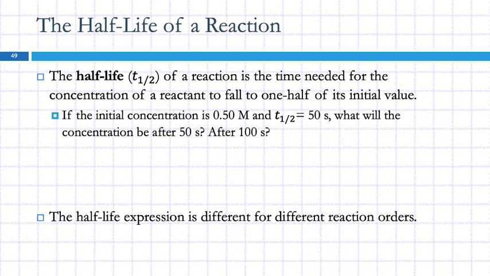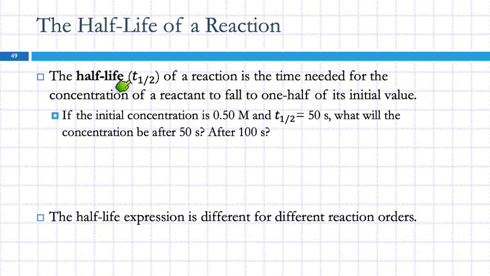Okay, so now we're going to talk about half-life. You may remember half-life from Chem 3A talking about radioactive things, and radioactive decay follows the integrated rate law for a first-order reaction. So we can talk about the half-life.